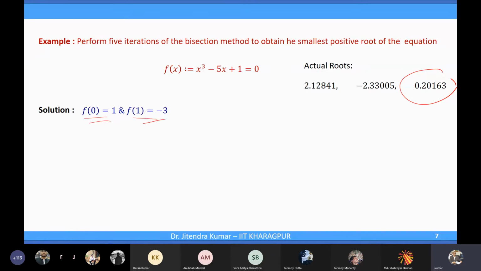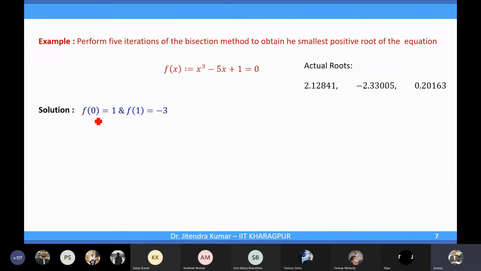Obviously your questions will come: how to confirm that between 0 and 1 there is only one root, and that it is the smallest positive. Definitely, because you have started with 0, so it's more than 0, but where to end exactly is the question. If 2 is false there, it may lead to something else, and so on. Those questions will still remain, but not in this problem, of course.